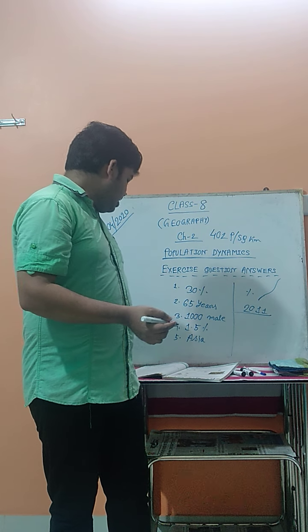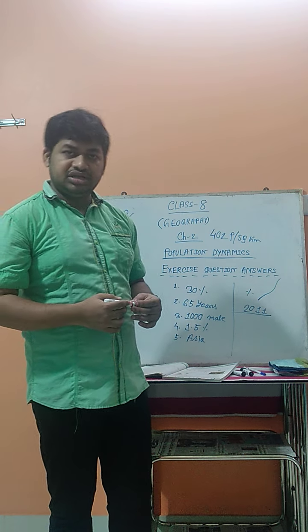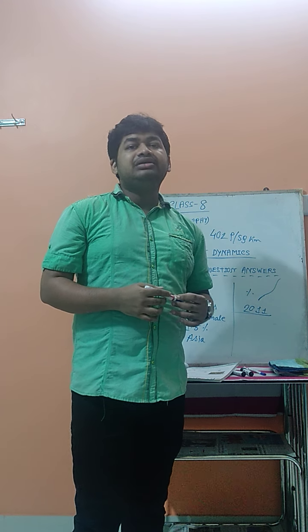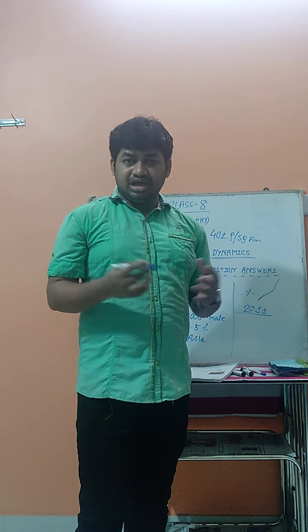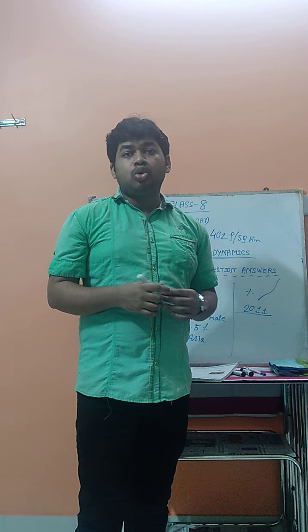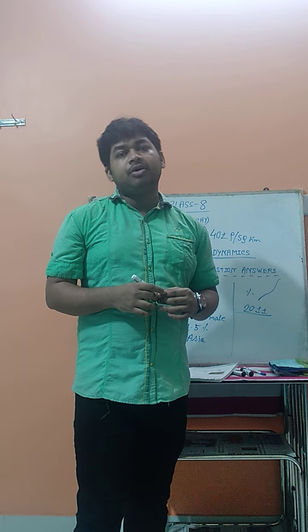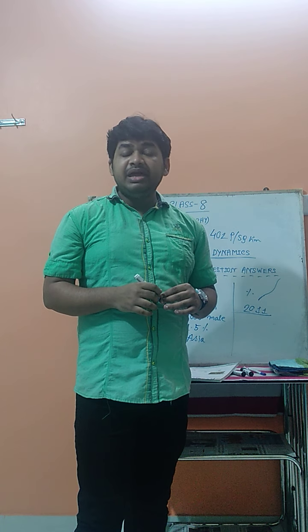Now the third one is the immigrant and emigrant. I am telling you the last: the immigrant or the emigrant. So which type of migration process are these people in?